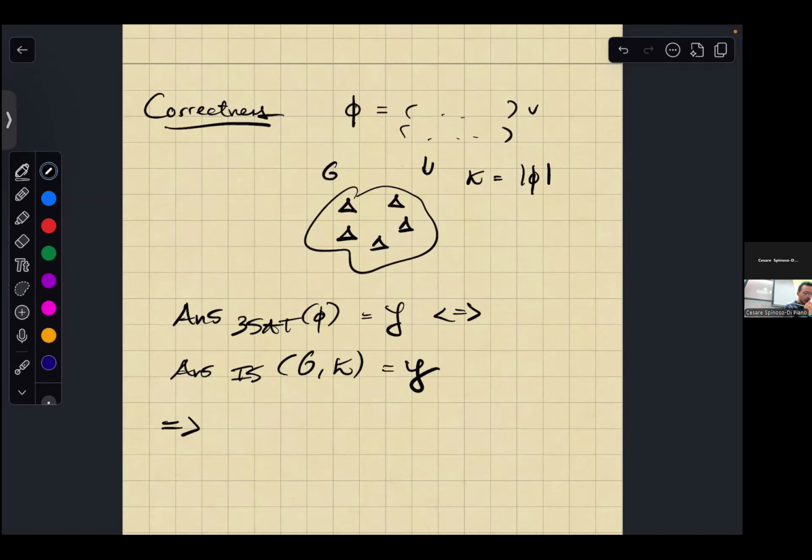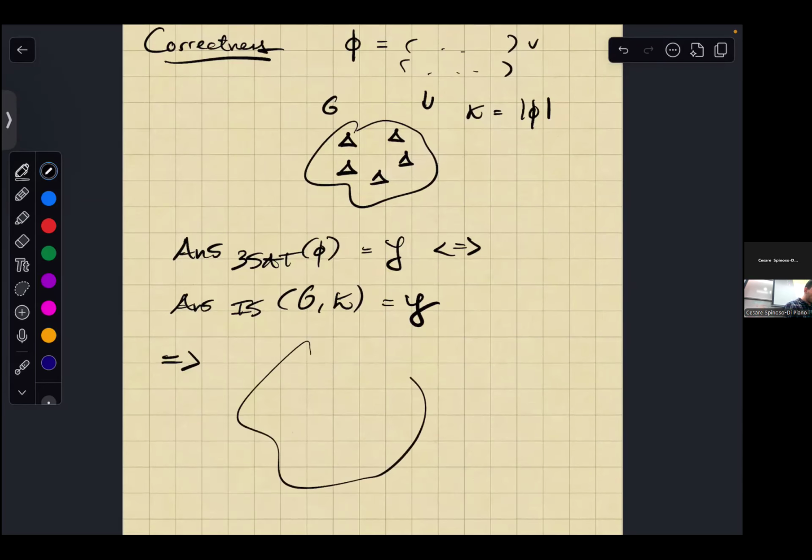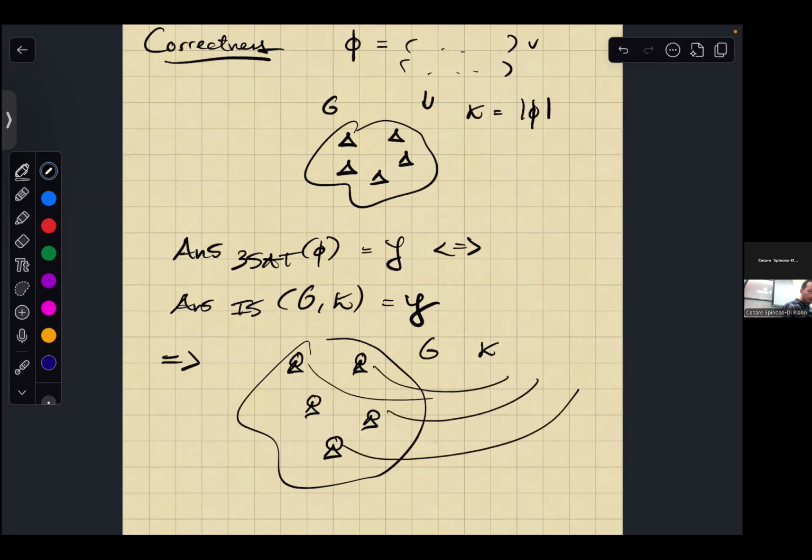Why is the forward direction going to work out? Because in my graph G, I definitely have an independent set of size K. I take one vertex from each of the triangles, put them in a set V prime, and this forms an independent set of size K. Why?